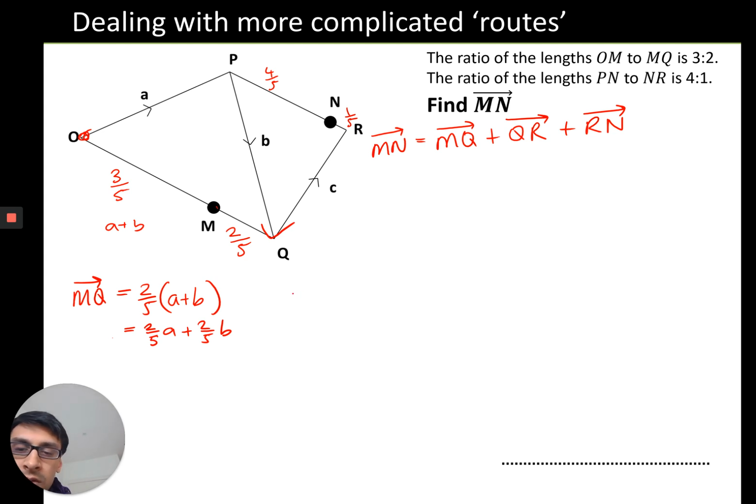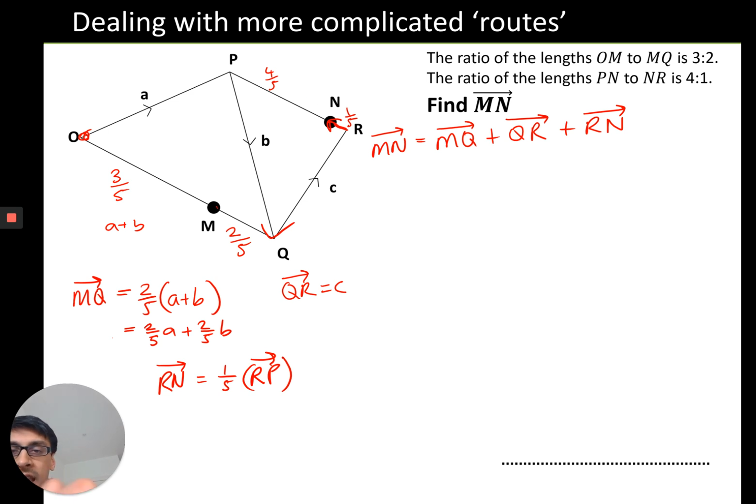Now I'm going to find QR. So QR is really straightforward. That's c, that's given to you in the question. Now I'm going to find RN. I'm going in that direction, and it's essentially going 1/5 of RP. I can't write P's anymore.